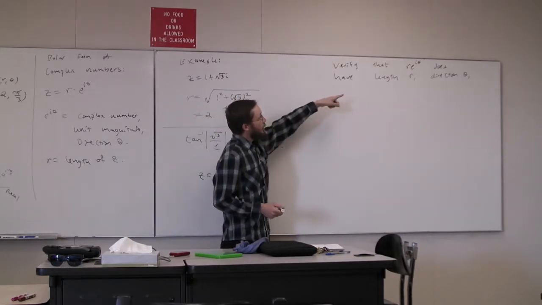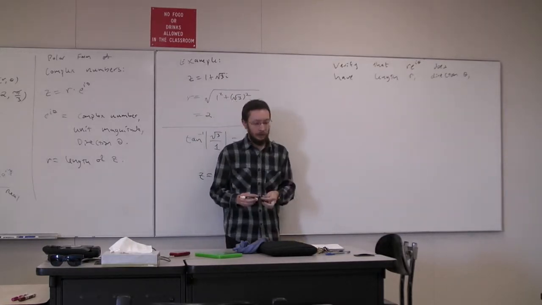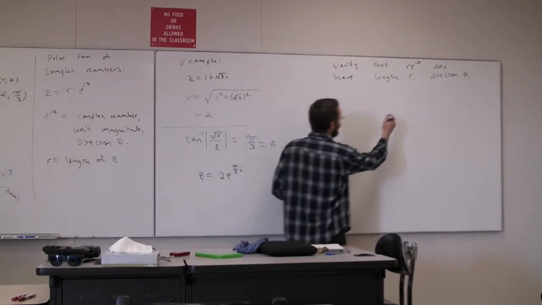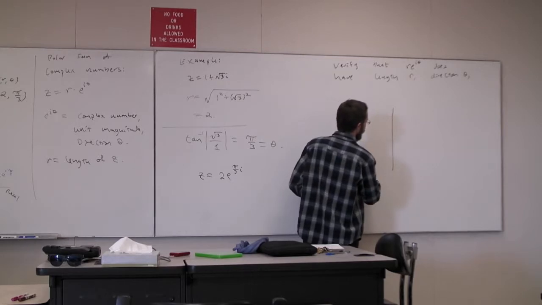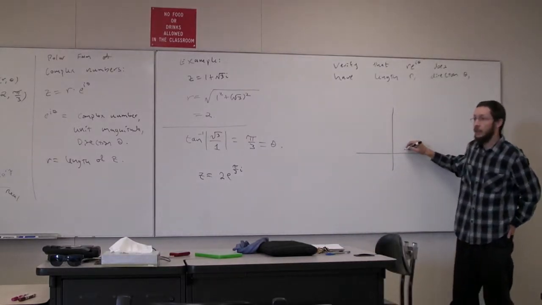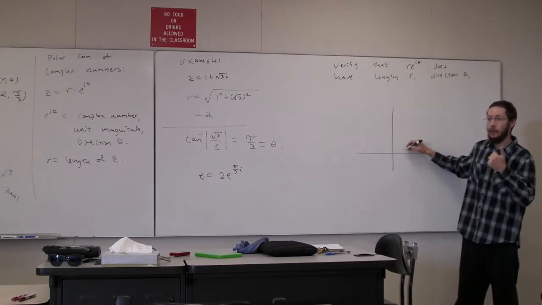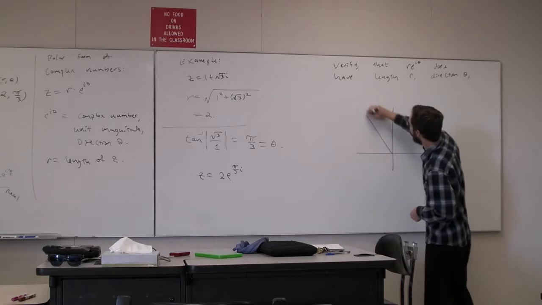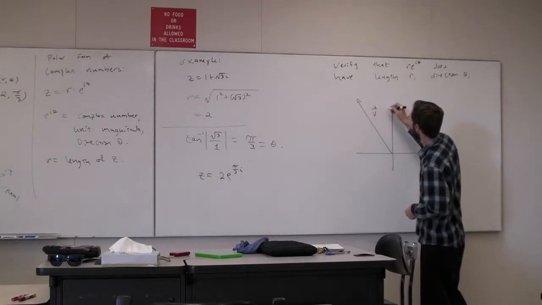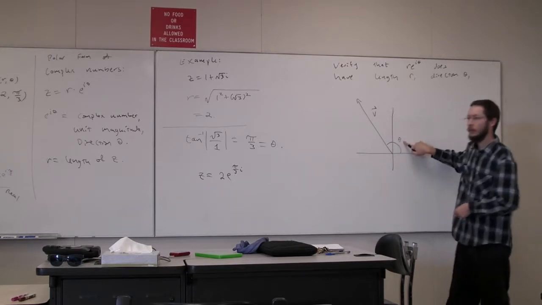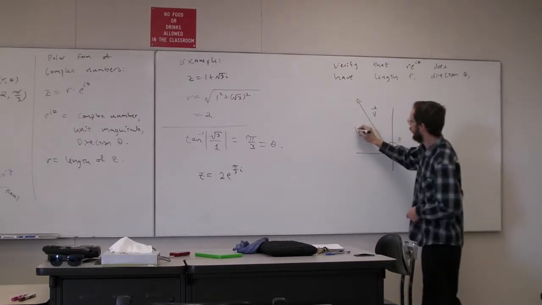To verify that this thing really does have length r and direction theta, let's set up a vector v at direction theta and length r. So maybe we have this vector v, and we assume that it has angle theta and radius r.